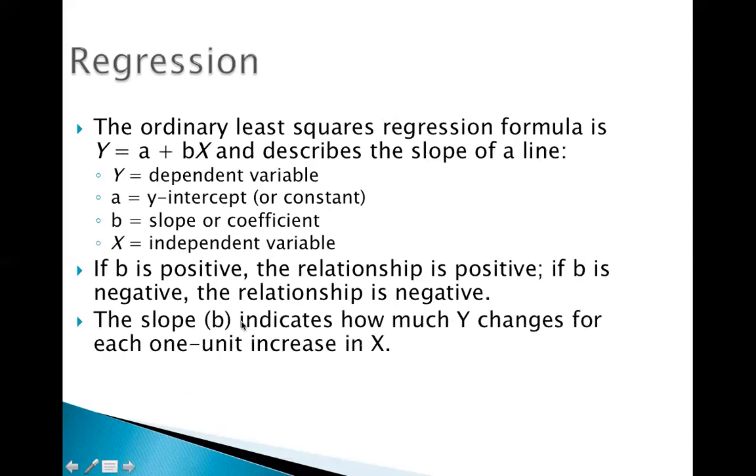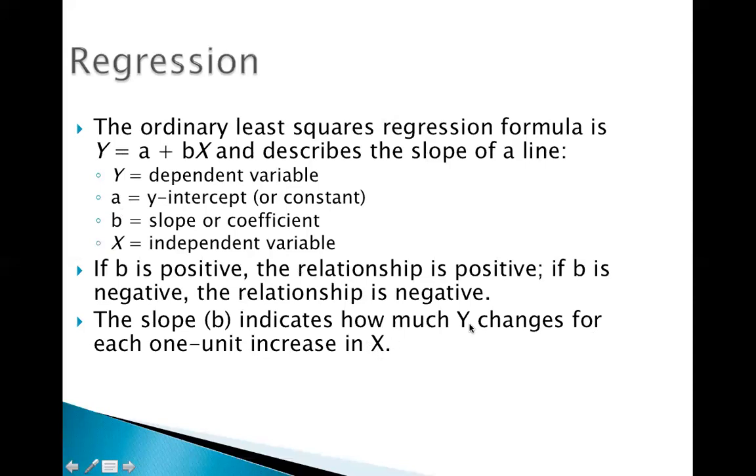What's also intuitive about the beta is it doesn't just speak to the direction of the relationship, but as the slope indicates, it speaks to the size of the relationship as well. So how we interpret the beta coefficient is how much does the dependent variable change for each 1 unit change in X. By 1 unit, I mean it's dependent on how that particular independent variable is measured.